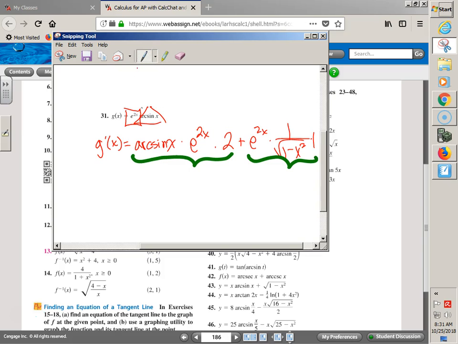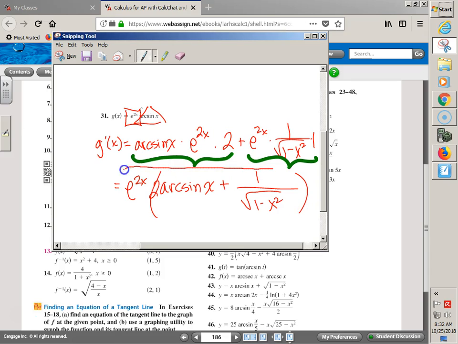Yeah, e to the 2x is in common. So I can pull out an e to the 2x. I have an arc sine of x, oh, with a 2. Poor little guy. Plus. I think for me that's as far as I would naturally go until I would go to the back of the book and try to make it match.